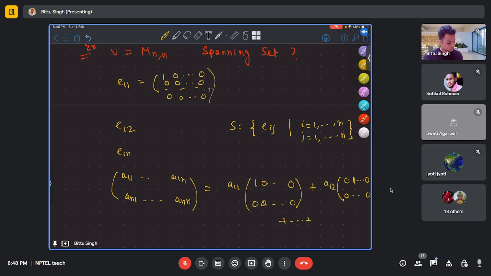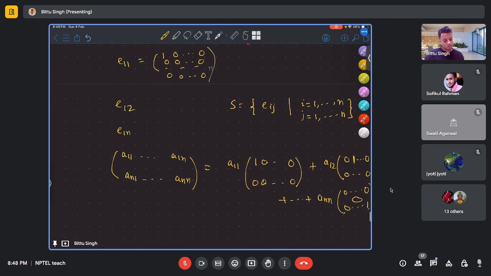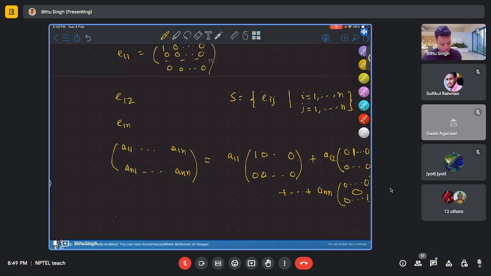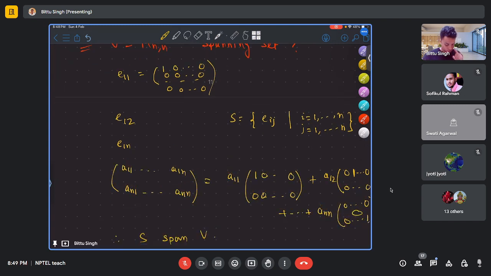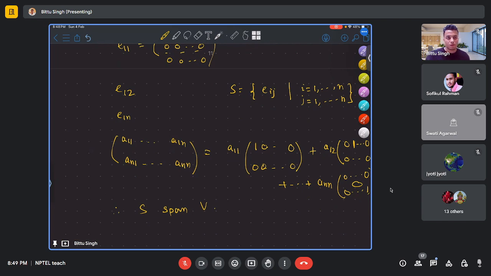You can continue this up to Ann, everything is 0 except the last entry. Therefore, S spans V. You can write V as span of S.